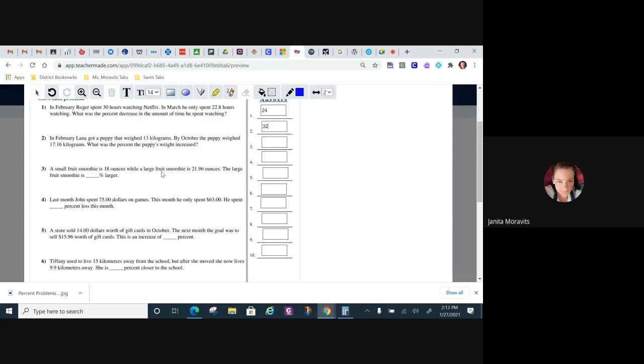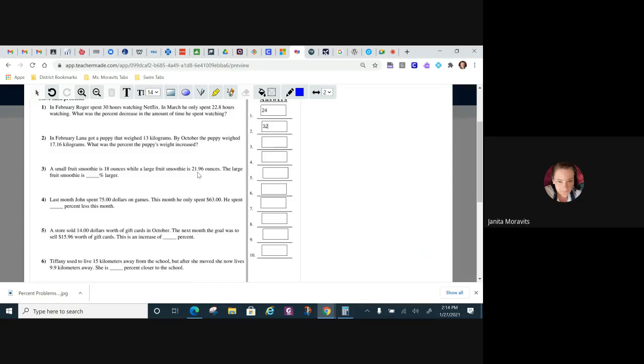All right. A small fruit smoothie is 18 ounces, while a large fruit smoothie is 21.96 ounces. The large fruit smoothie is how much larger? So we're basing it on this. Well, actually, we want to find the percent increase. We want to find the difference there still of 18 and 21.96.